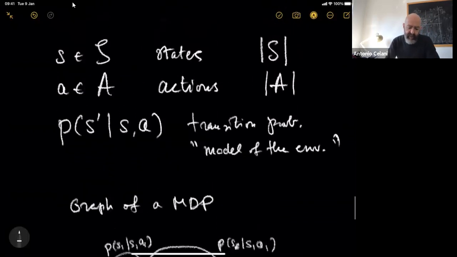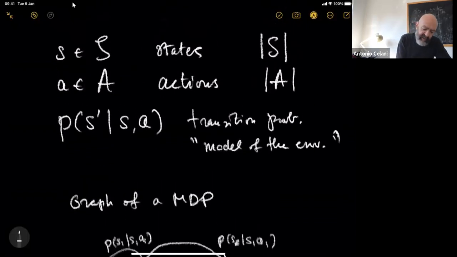Okay, but we were listing our ingredients. So we had states, actions, and transition probabilities. And as a matter of fact, so far we've been describing a Markov decision process, but we still lack a fundamental ingredient, in the sense that we want to control this process.